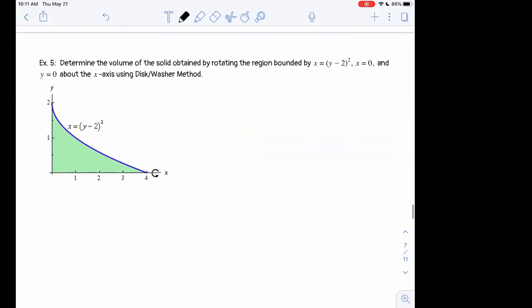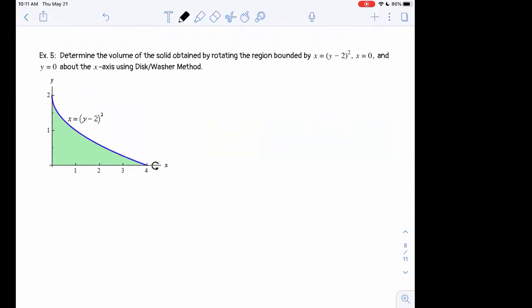But the setup is different, the diagram is different, and so I'd like us to take a moment to think about how do we set up this equation for disk and washer method. Okay, so take a few moments to set up what you think it's going to look like. All right, and setup includes a diagram, it includes drawing those lines. Those are all part of the setup.